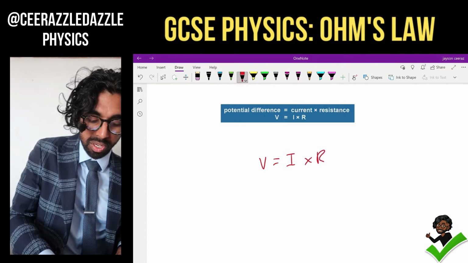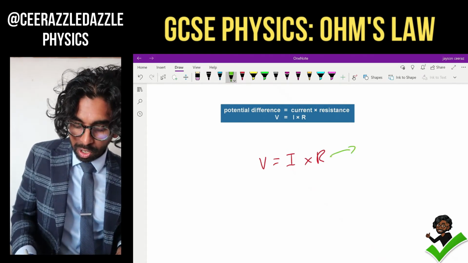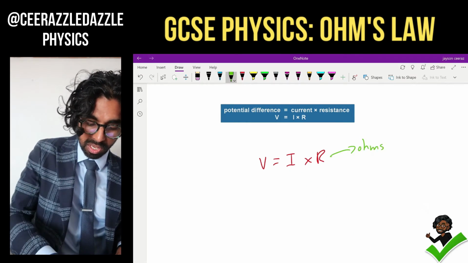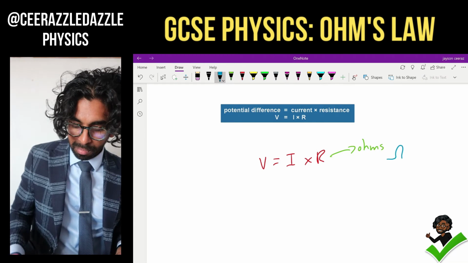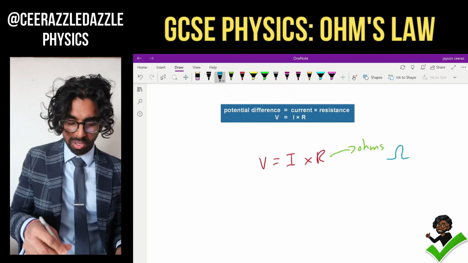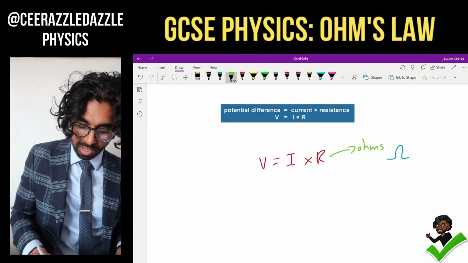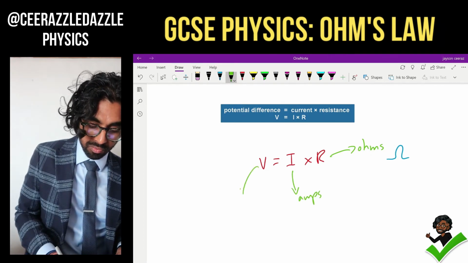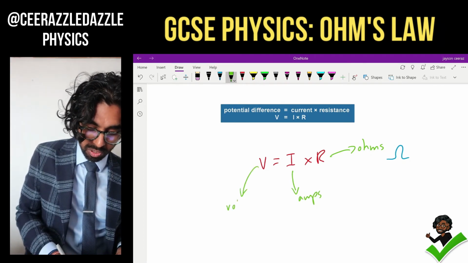Units now. We know that the resistance is going to be measured in ohms. It's a symbol you haven't come across, but here's our symbol. Omega. Make sure we can memorize that. Current is going to be in amps. And voltage is going to be measured in volts.